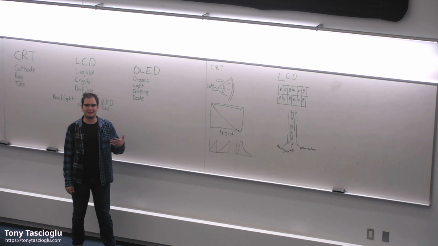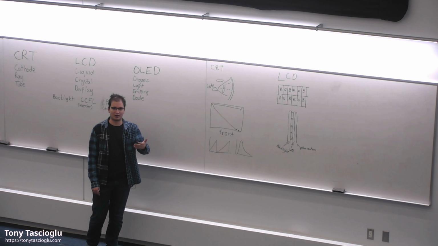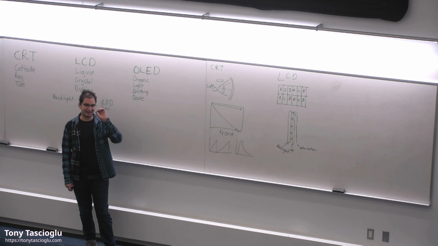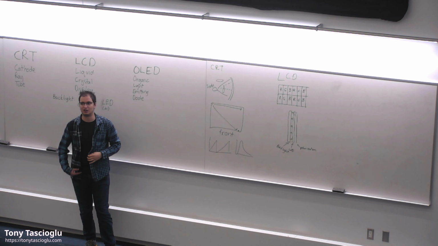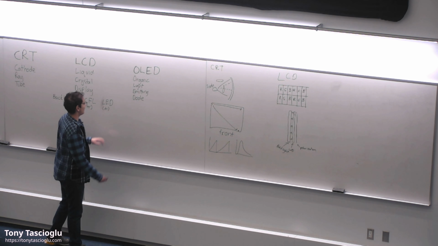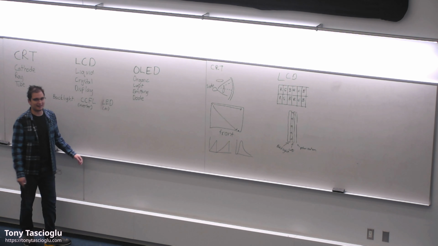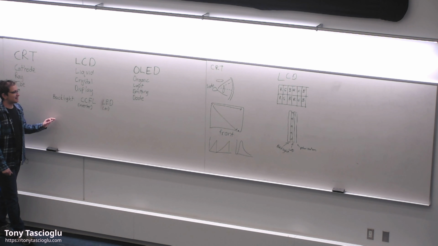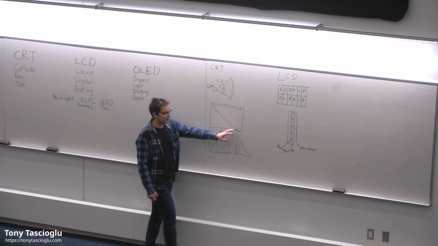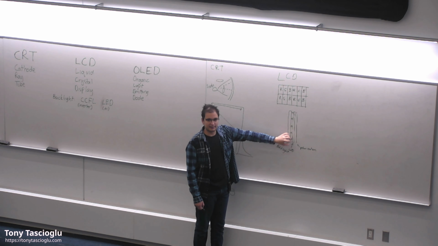Hearing of an LED display, you might be inclined to think that if I have red, green, and blue LEDs, it's the LEDs that will light up to produce the image that you see on the monitor. But that's simply not the case. With an LED display, even if it has LED in the name, what you're actually getting is an LED backlight. What that means is you still have an LCD. They're not a separate display type. It is still the same fundamental principle, LCD polarization filter.